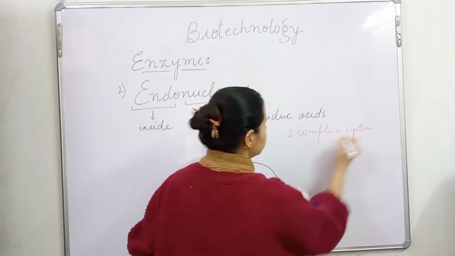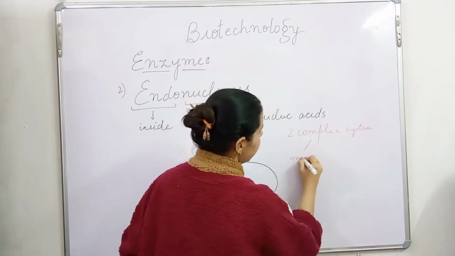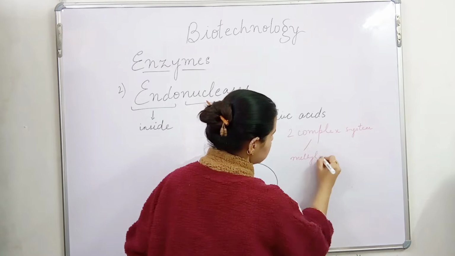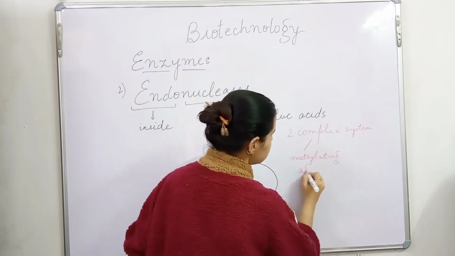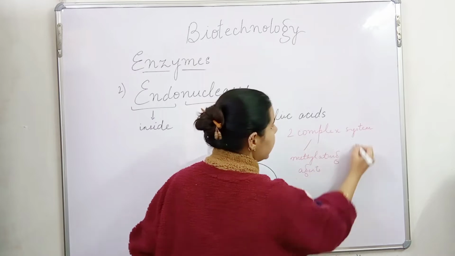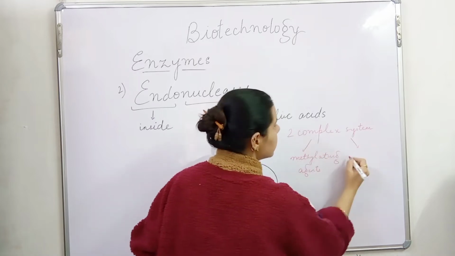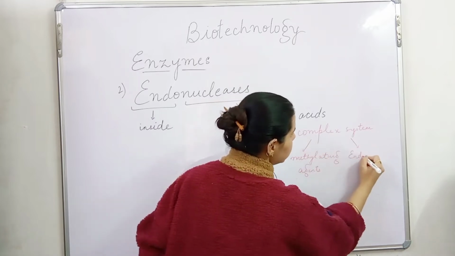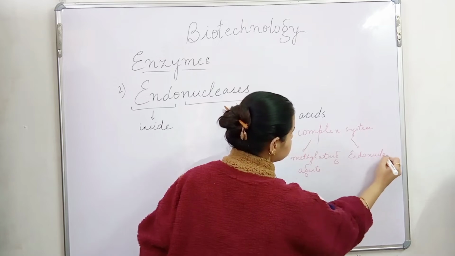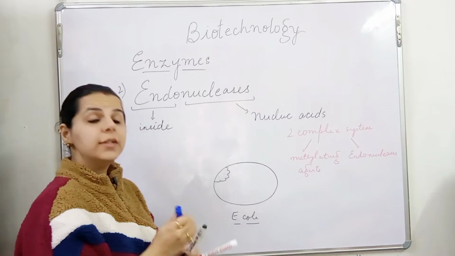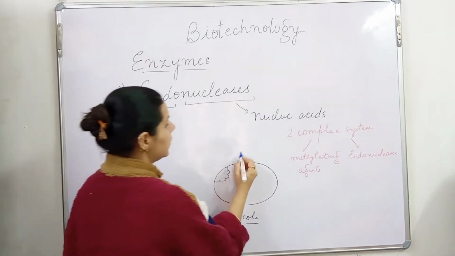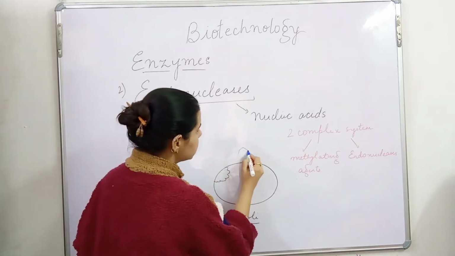The first system consists of the methylating agents, and the second system consists of endonucleases. Now what happens when a virus tries to invade? Now this is a virus.